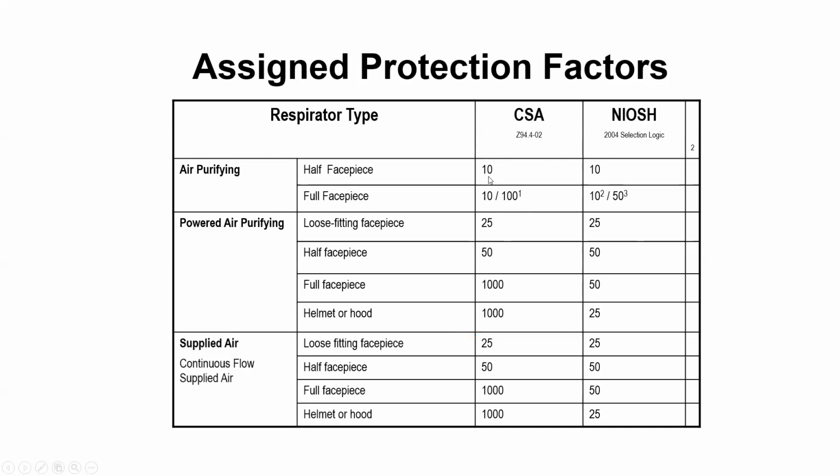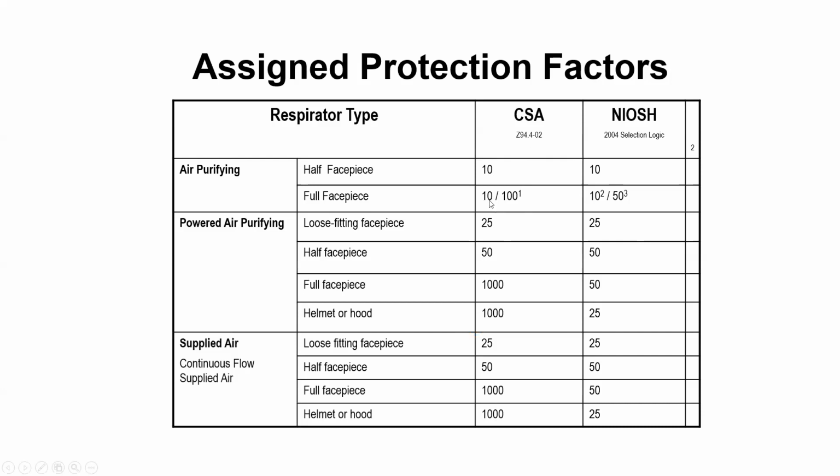Also, if fit testing is done by a quantitative method, like Quantifit or Portacount, assigned protection factor for a half phase respirator cannot be higher than 10 if that's what was assigned by the manufacturer.